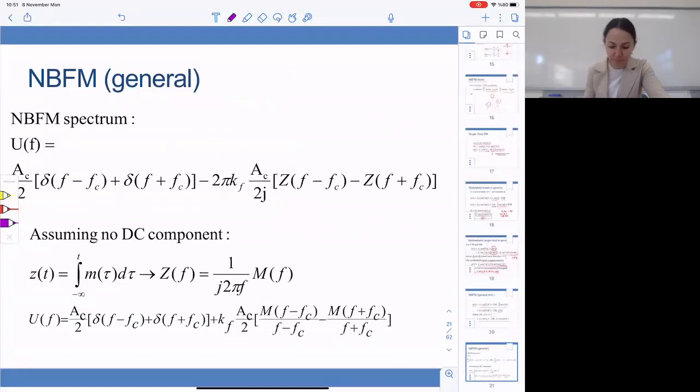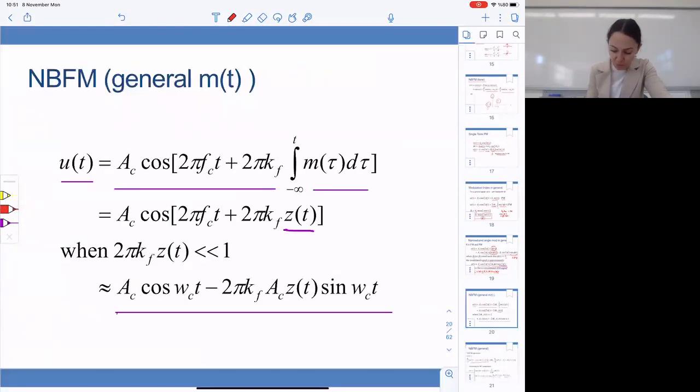Okay. So let's look at the spectral properties. The first term is a cosine, so we get 2 delta functions from there. And from the second term, Z of t times sine.